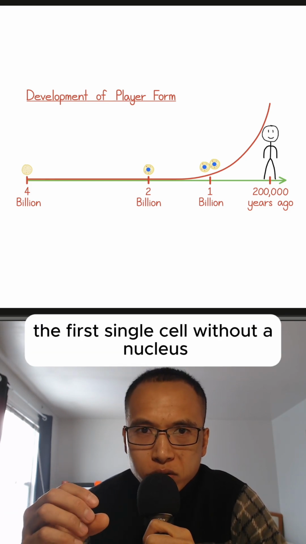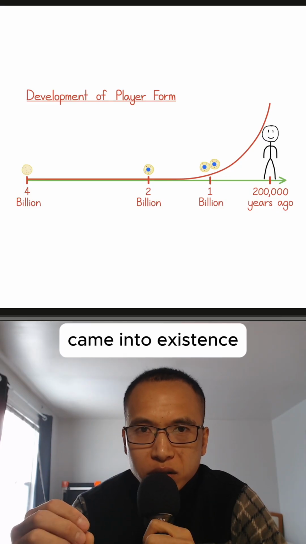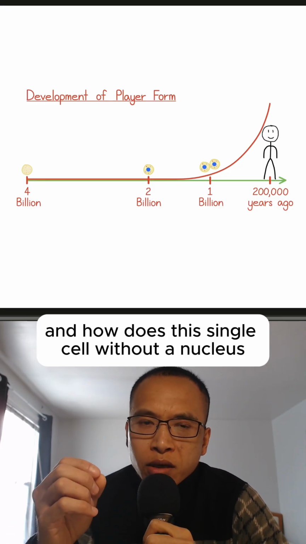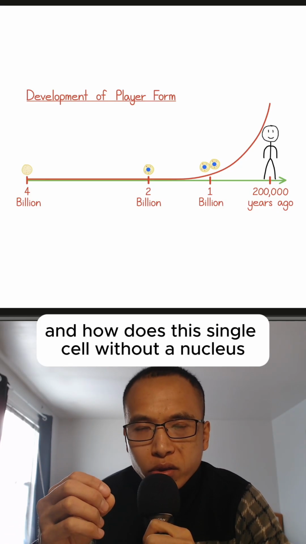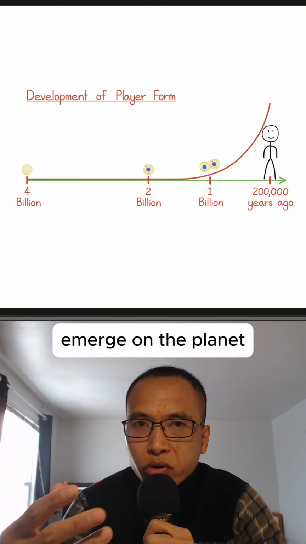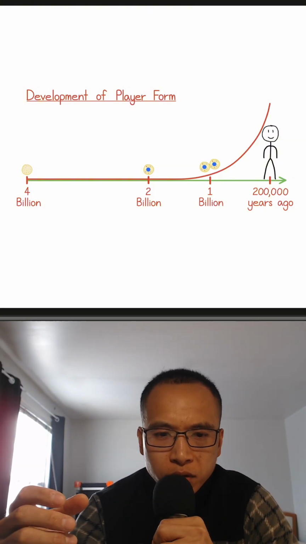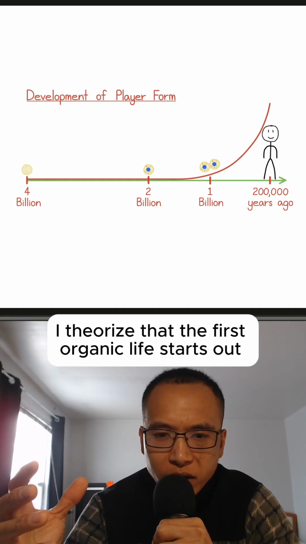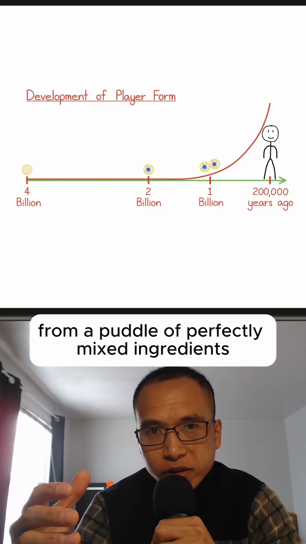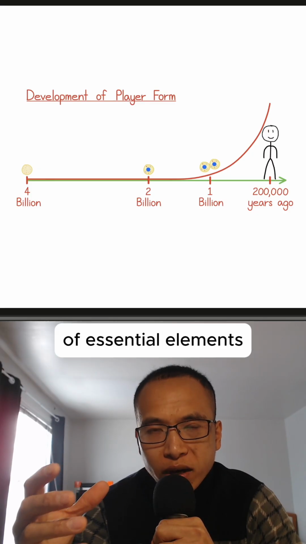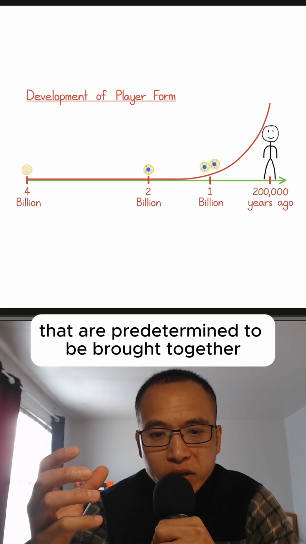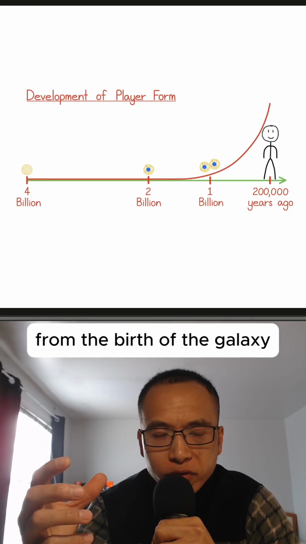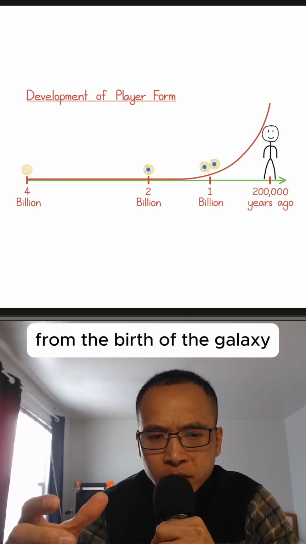The first single cell without a nucleus came into existence. And how does this single cell without a nucleus emerge on the planet? I theorize that the first organic life starts out from a puddle of perfectly mixed ingredients of essential elements that are predetermined to be brought together from the birth of the galaxy.